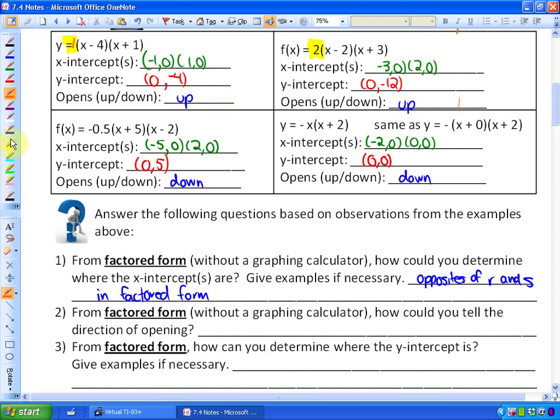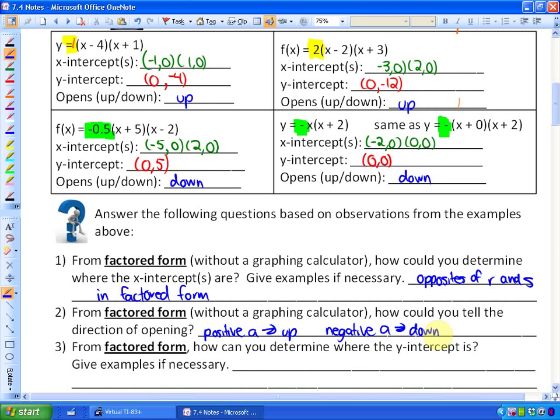Okay, and if you have a coefficient highlighted in green here that's negative, then it opens down. So, a positive a means up, a negative a or coefficient means down.